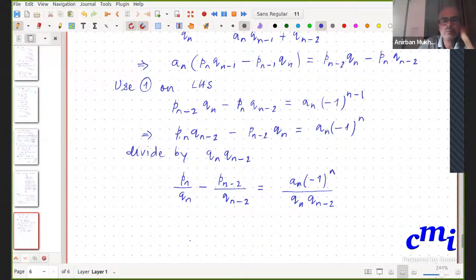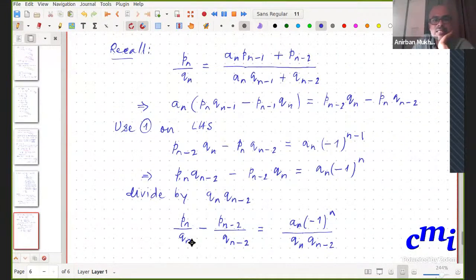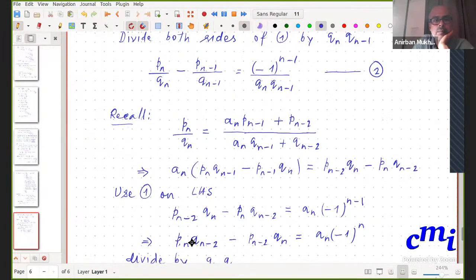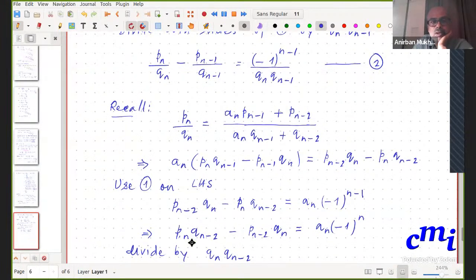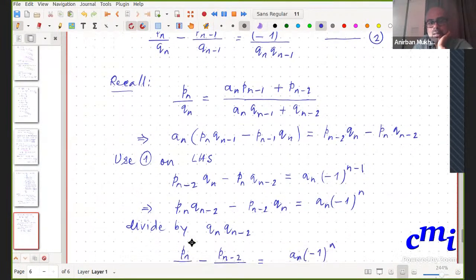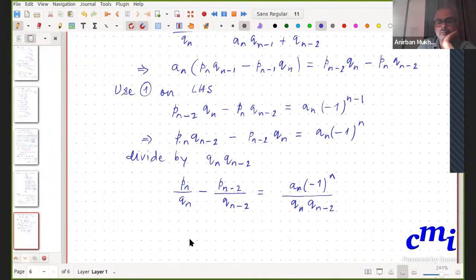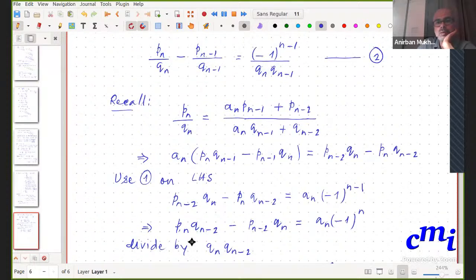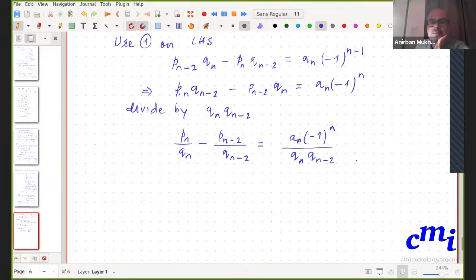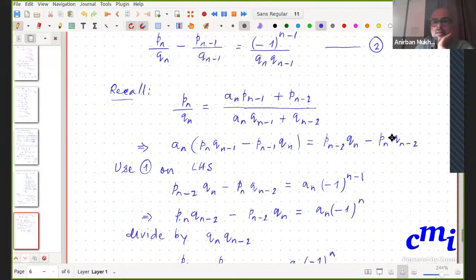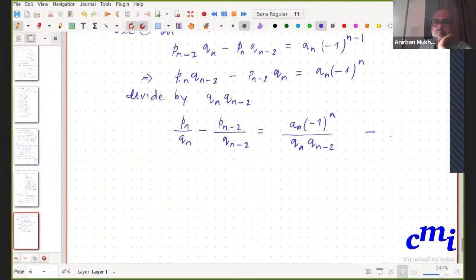This is a very similar relation as 2, but between Pn by Qn and Pn minus 2 by Qn minus 2. This is 3.